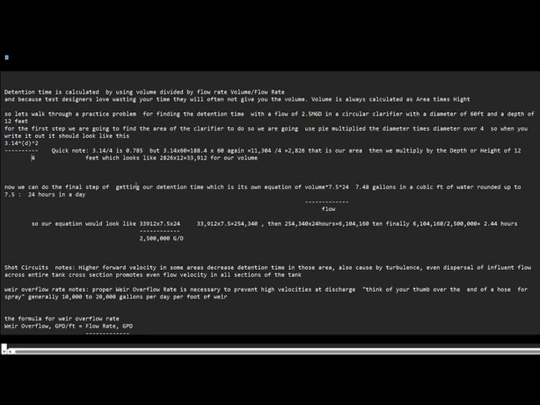Now we can do the final step of getting our detention time, which is its own equation: the volume times 7.5 times 24. There's 7.48 gallons in a cubic foot of water, rounded up to 7.5, times 24 hours in a day, divided by the flow.